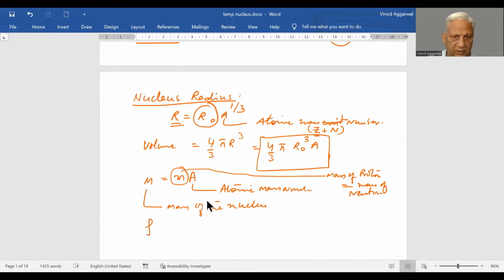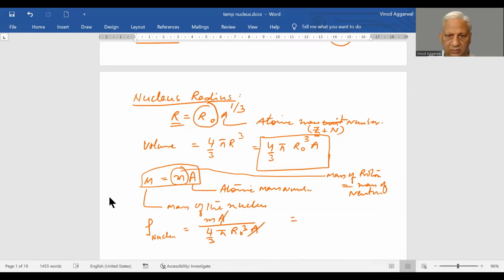So if we find out the density of the nucleus, it will be given by mass, which is this much, and volume, which is given by this. So this gets cancelled away.